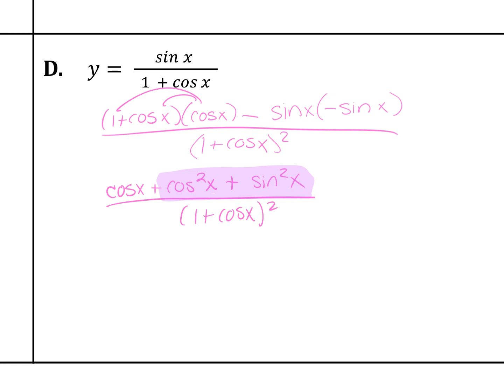You do! No shot. How does Dylan have it? Wait, pause. Is that from last year or did I give you one this year? This year. Why would I have one from last year? I don't think I gave you that this year. Dylan actually has something from last year. Cosine squared plus sine squared equals 1.